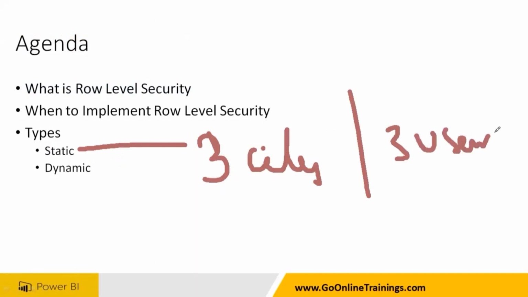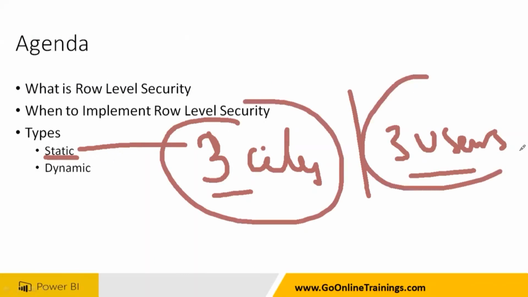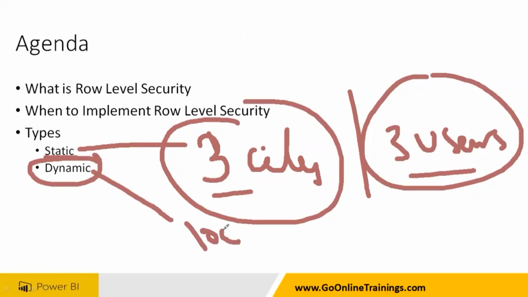When you have limited users and limited cities and you create it at the static level, whatever we have discussed already, that is what is called static level. When we have limited data sets and limited users, you can go for this. But if you have thousands of cities and 10,000 users, creating static level row level security is very, very difficult.